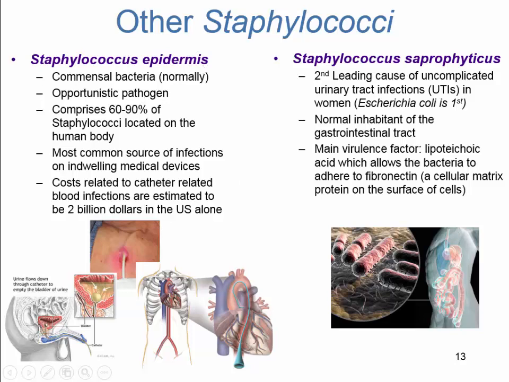Other staphylococcal infections include that of Staphylococcus epidermidis. Staphylococcus epidermidis is a commensal in the body. It causes various opportunistic infections, and in some cases it's now been known to cause nosocomial infections. It's highly prevalent in that of catheter-related blood infections within the hospital setting. And so nearly $2 billion are expended annually due to this type of infection.